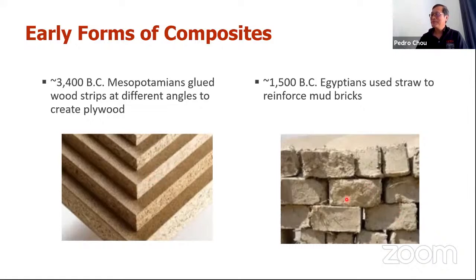We also know that the Egyptians used straw to reinforce the mud bricks. So these are all early uses of composites for strengthening material, to give it different characteristics or properties for whatever use that they had.